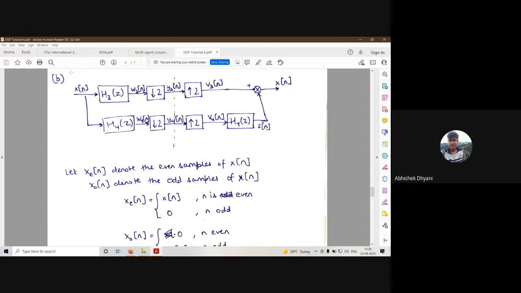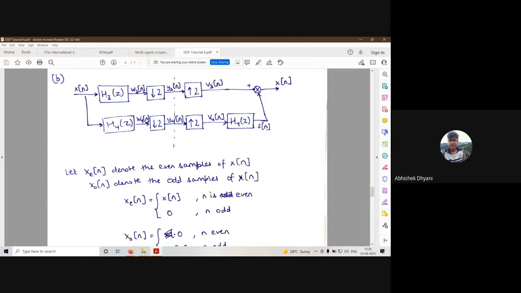I have done the same thing here. I have taken x of n. Up to this point, we have been given in the question that it is passed through h3 and also h4. There is downsampling of 2, and I have named these signals as w, y, and v. Now, after downsampling, we pass it through an upsampler as well, and similarly, this signal after downsampling is passed through an upsampler and h4 of z.